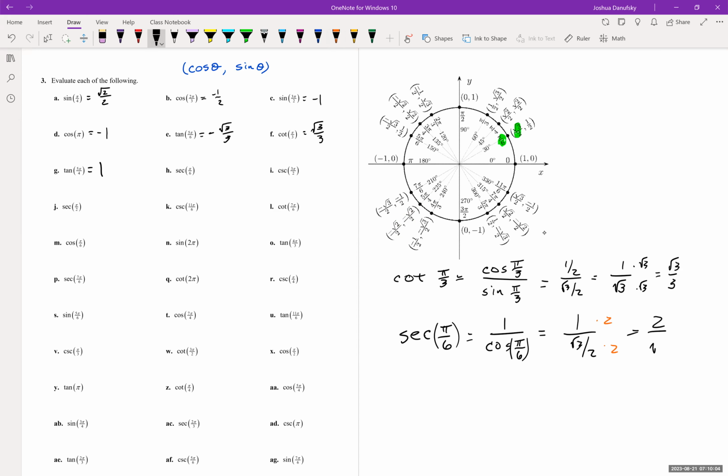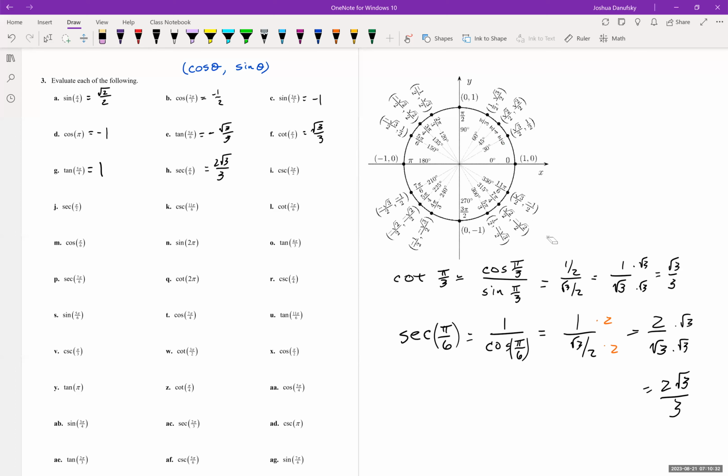So I get 2 over √3. And if we rationalize, we're going to get 2 root 3 over 3. And there is the secant, 2 root 3 over 3. Another way to do it is just find the cosine and then flip it, right? This right here is the reciprocal of the cosine. So that's maybe a quicker way to go.